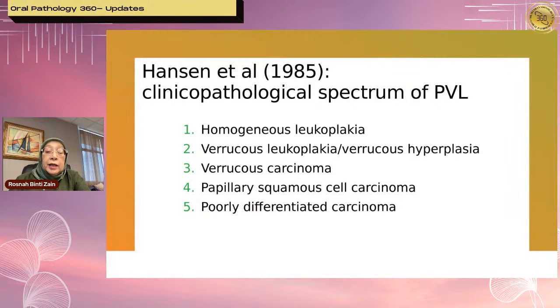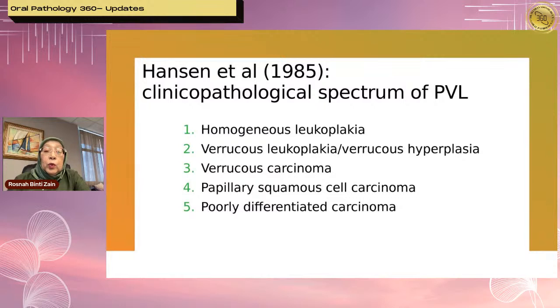Again, this is actually a histopathological diagnosis, and poorly differentiated carcinoma. So all in all, the 4 and 5 clinically would probably be mainly carcinoma, inclusive of 3, except that 3 may have more specific features for us to say that clinically it is verrucous carcinoma.